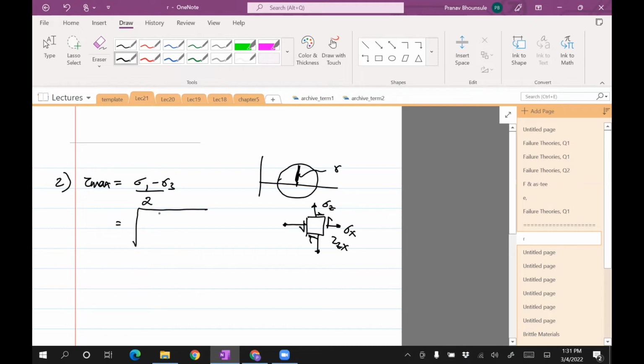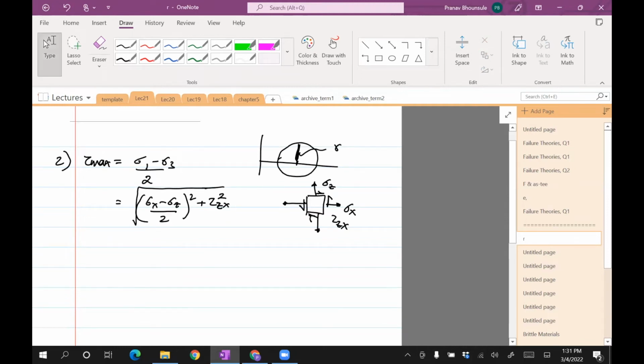It is square root of sigma x minus sigma z divided by 2 squared plus tau zx squared. And that comes out to be, this is 0.